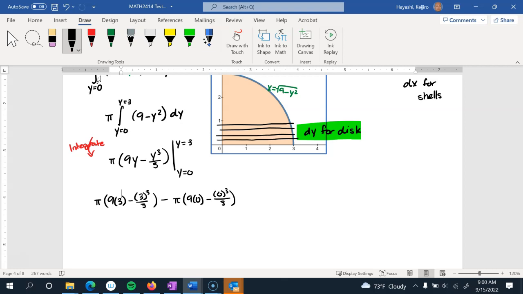Okay. So that's pi times 27 minus 9, because that's what? 27 divided by 3, which is 9, 18. Okay. Right, so this is just 18 pi.